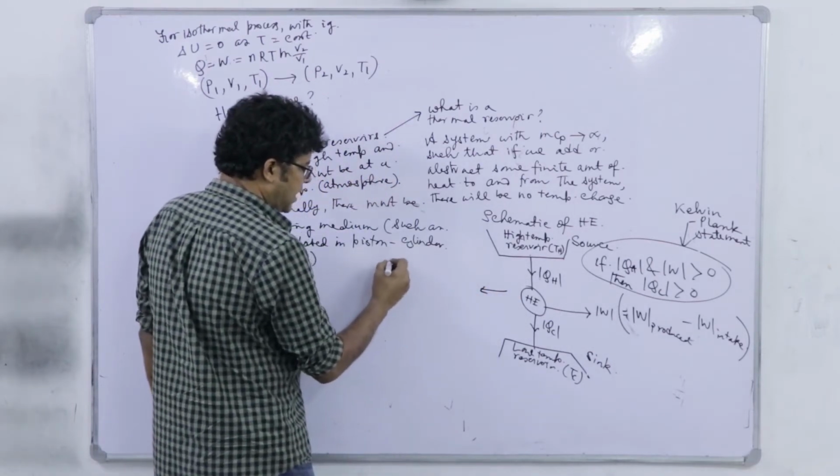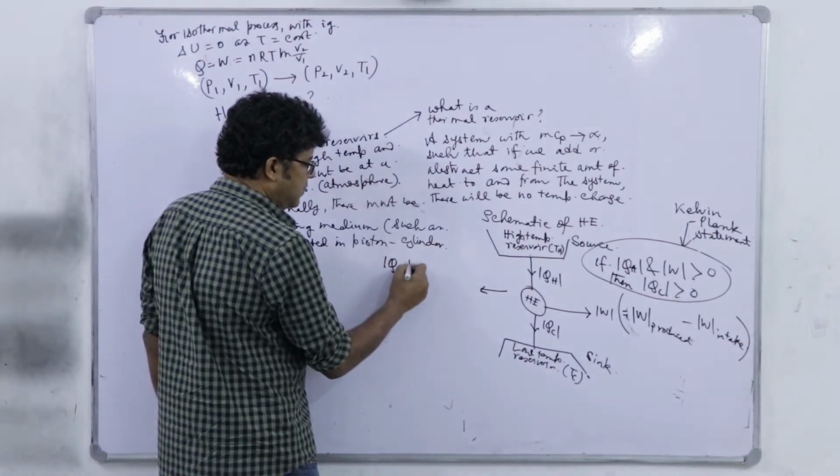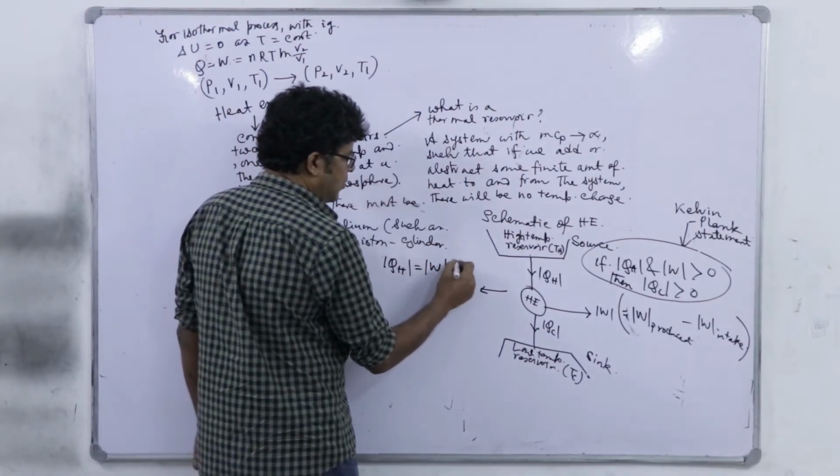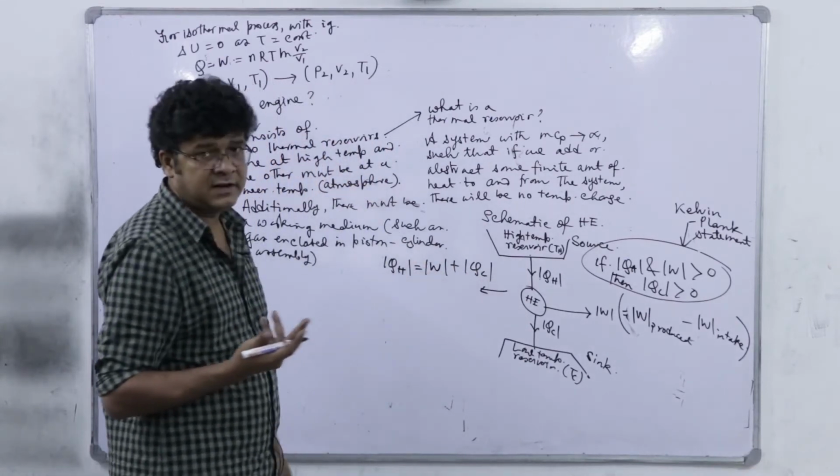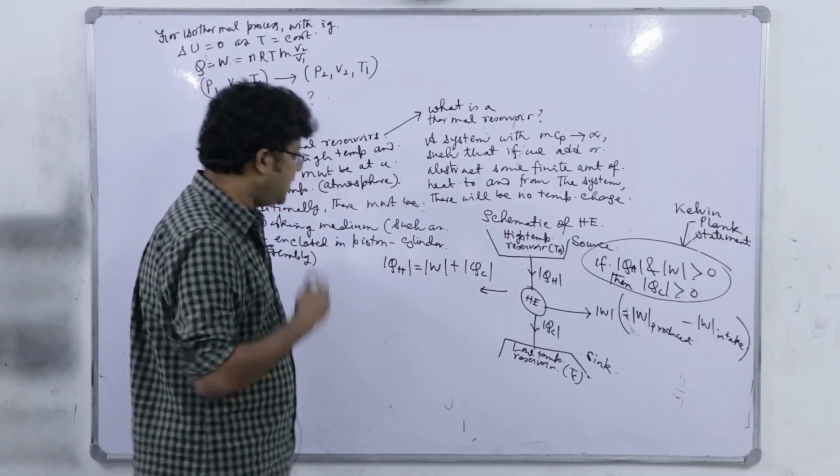Definitely you can understand that mod QH must be equal to mod W plus mod QC, which is directly an outcome of the energy balance. Why? Because it is operating in a cyclic process.